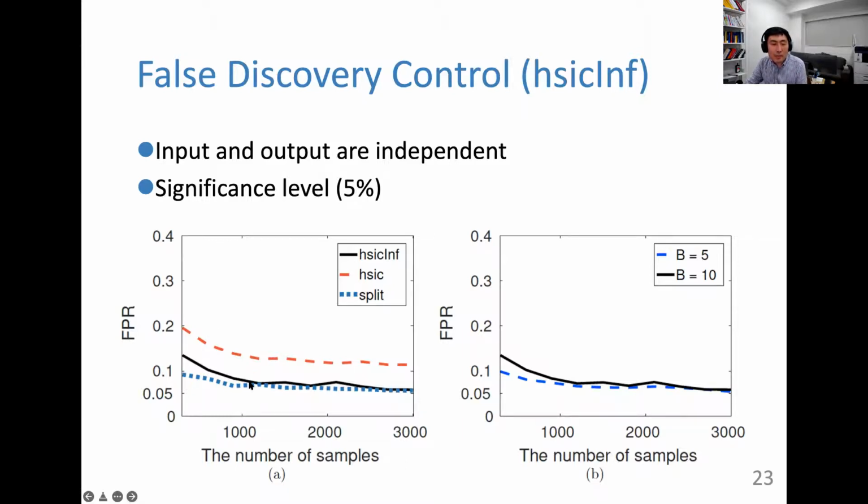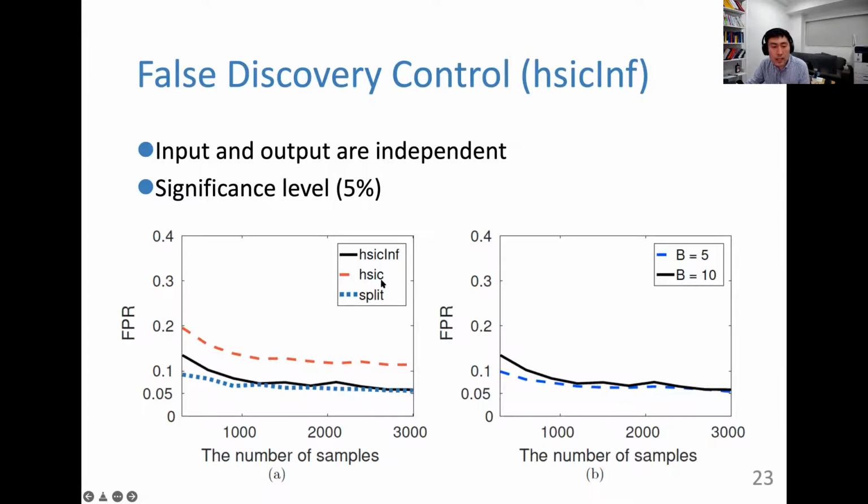We compare three methods: split, HSIC-Inf, which is based on the selective inference approach, and HSIC. As you can see, the post-selection inference approaches, split and HSIC-Inf, can control the false positive rate here, but the HSIC approach cannot.